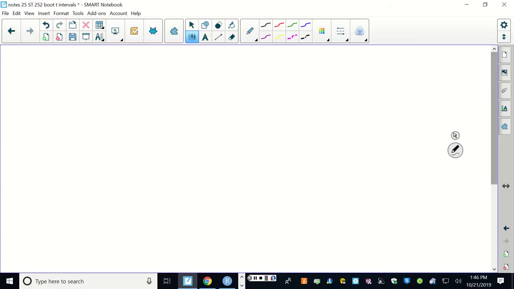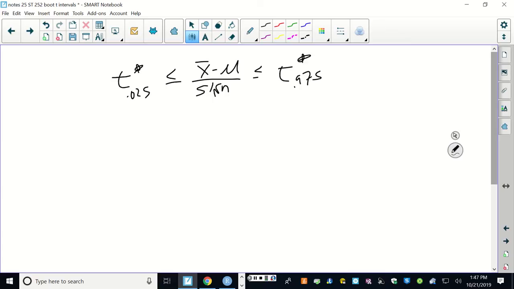So, if the t star, like the 0.025 value, this lower value, should be less than or equal to our x bar minus mu, if that's true, we're going to simulate a bunch of t stars and take the cutoff values and think of those bounding this relationship in there.